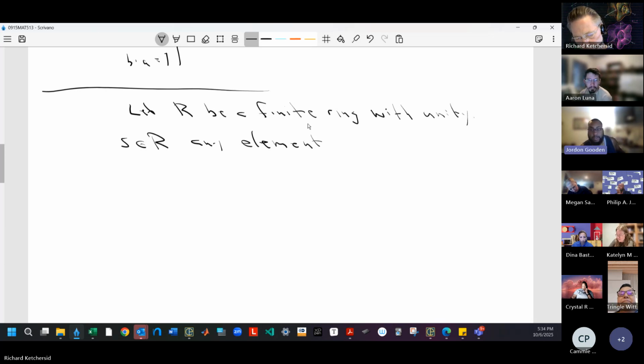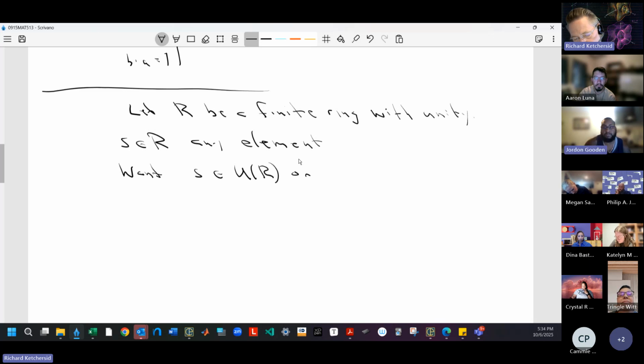You need unity for the argument to work. Okay, that makes sense. Let me keep going through it here. So we want to show either S is a unit, so in the units, or S is a zero divisor.